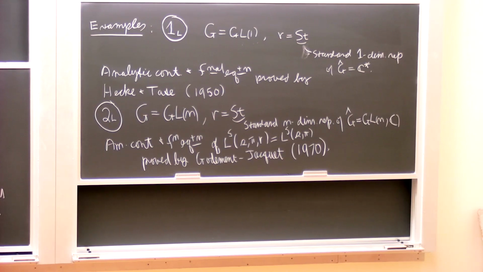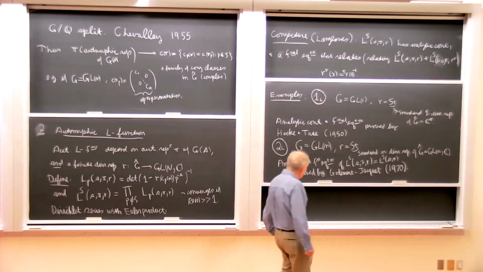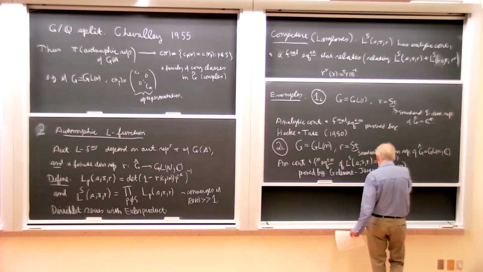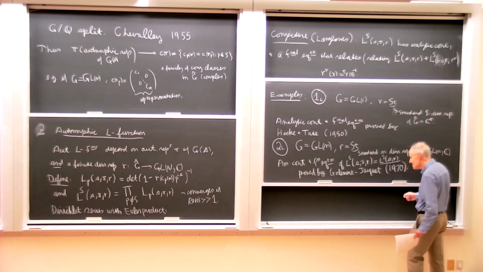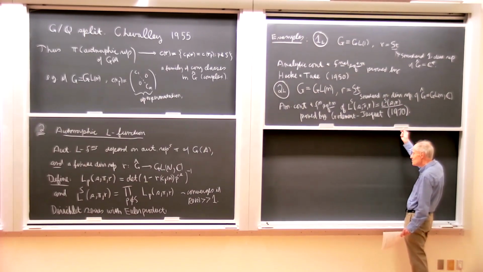And what's the problem? What's holding us back if we already know it for these, which are called standard L functions? These are called standard automorphic L functions. What's holding things back?